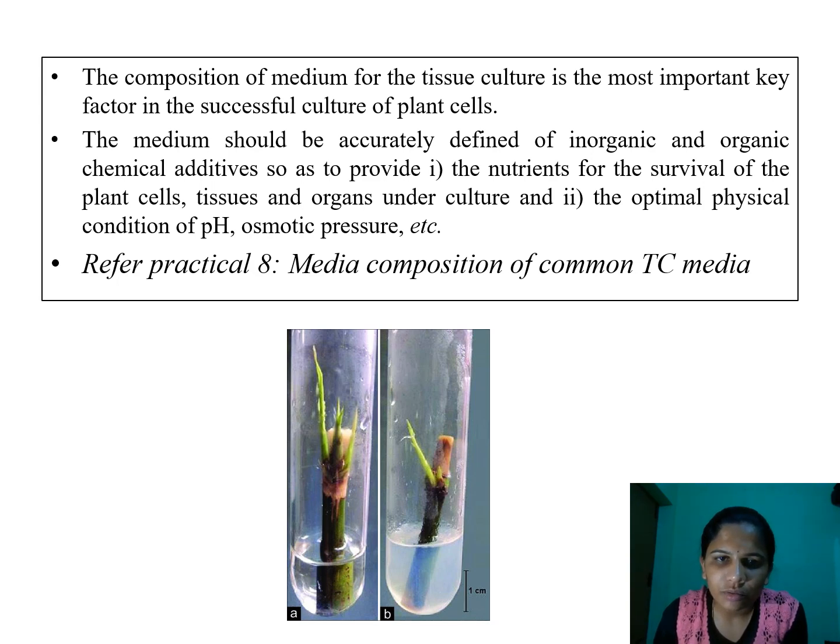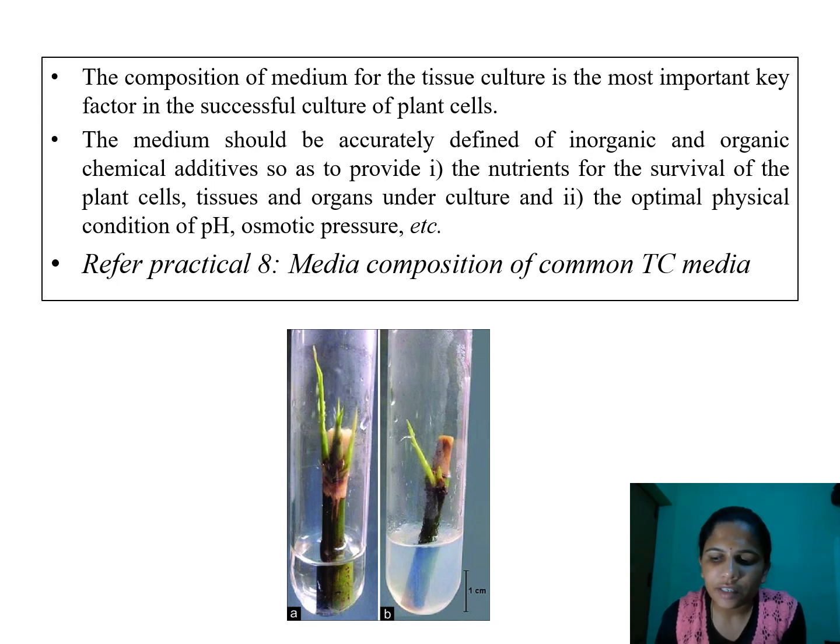Also, the media, in its chemical content as well as physical form, should be liquid or solid or semi-solid for performing various types of tissue culture techniques. In practical number 8, media composition of common tissue culture media, you have learned the contents of tissue culture media and how much quantity of macro and micronutrients should be added.